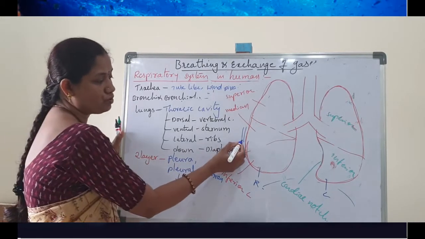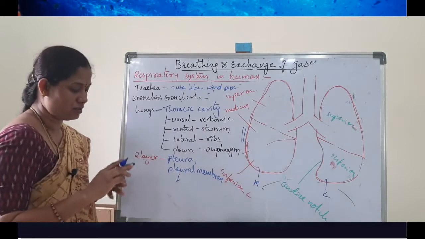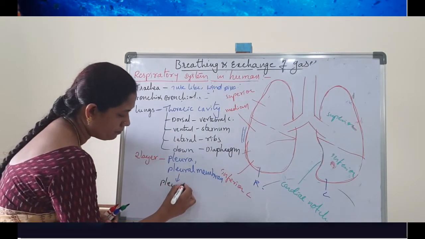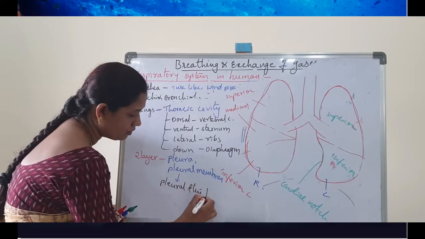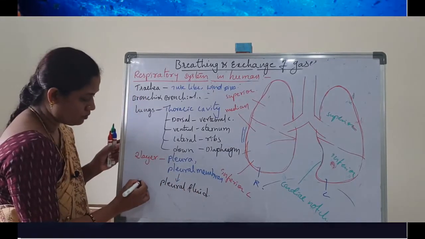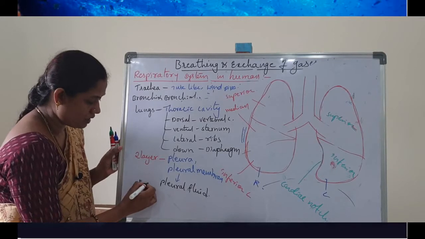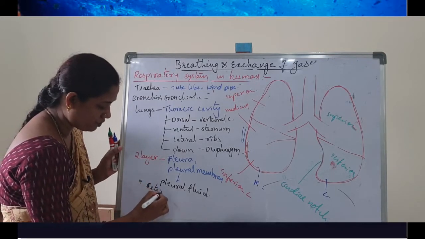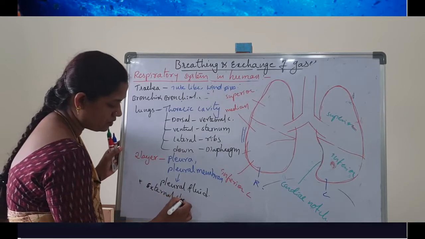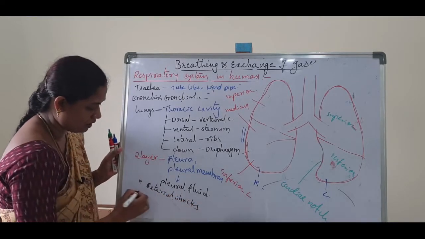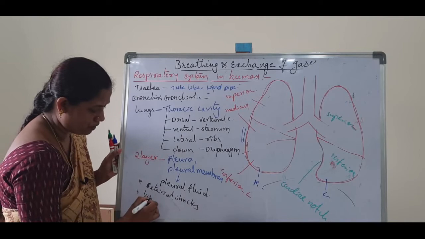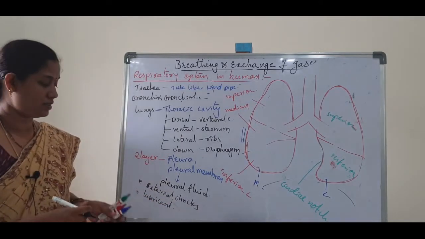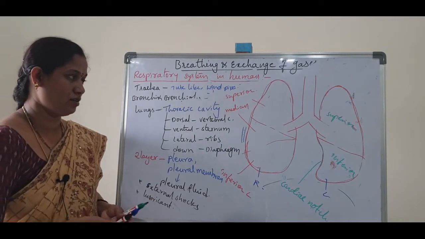In between these two layers, fluid is present, called pleural fluid. This fluid prevents external shocks, and it also acts as a lubricant.